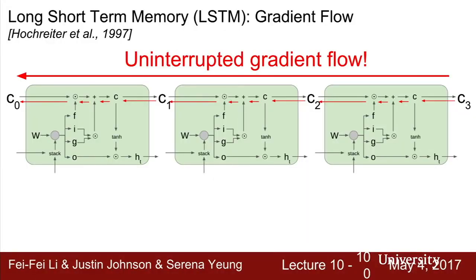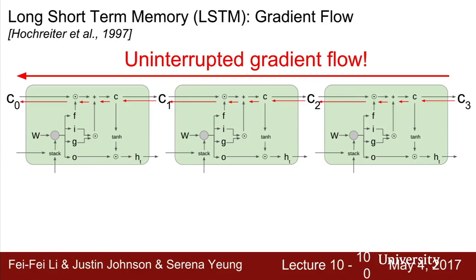Yeah, what about the gradient with respect to W? Because that's ultimately the thing that we care about. So the gradient with respect to W will come through, right? At every time step, we'll take our current cell state as well as our current hidden state, and that will give us our local gradient on W for that time step.